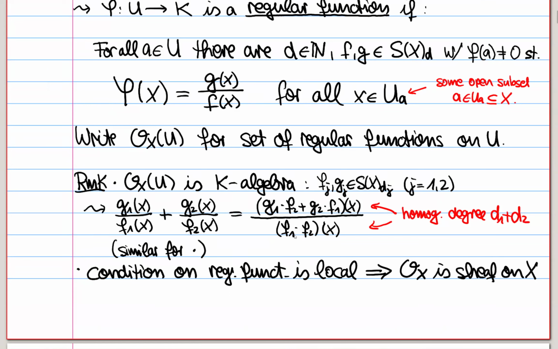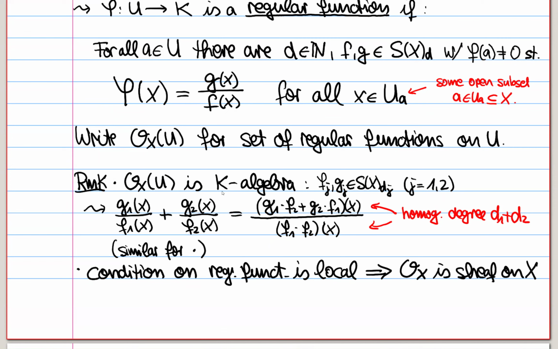And then you see if the gi and fi were of degrees d1 and d2, then this here is of degree d1 plus d2, and this here also, both terms of the same degree. So you still get a quotient of homogeneous polynomials of the same degree. So this is still a regular function, and similar, maybe even easier, for the multiplication. And you can also multiply by elements in K. So this is indeed a K-algebra.